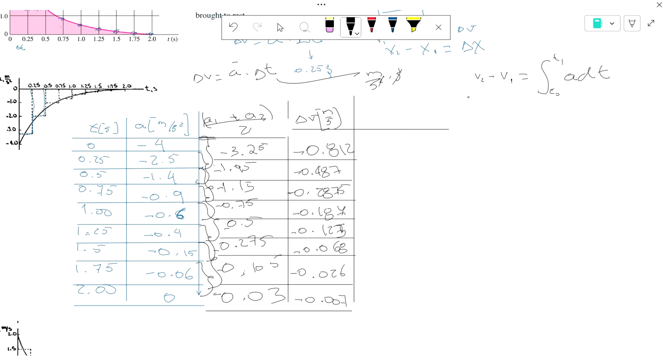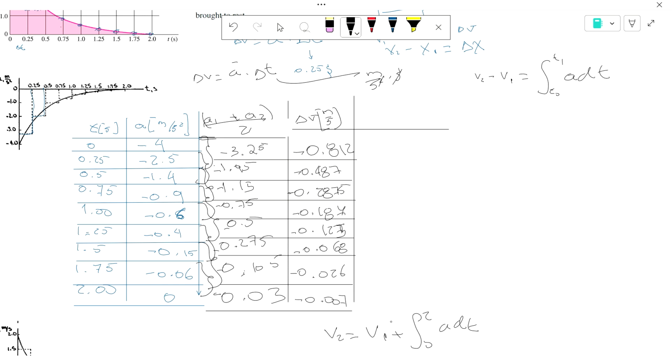Okay, so right now we can also have something where we have v2 is equal to v1 plus acceleration from 0 to 2 seconds of acceleration times the delta t.